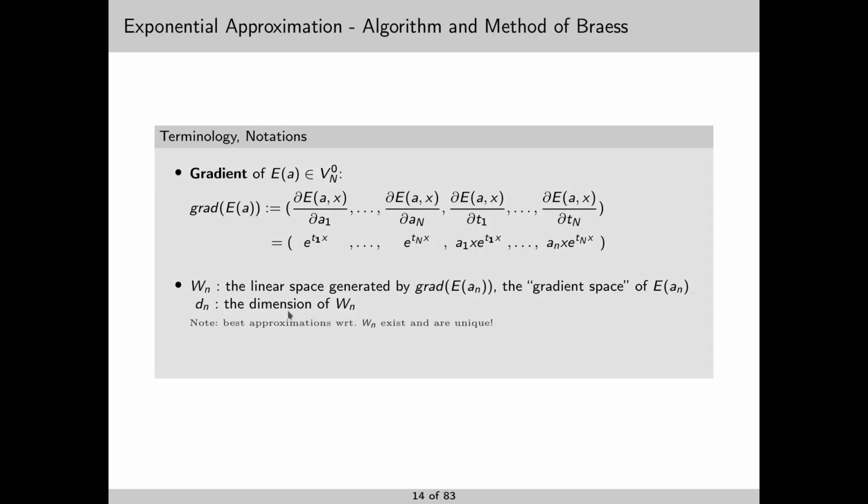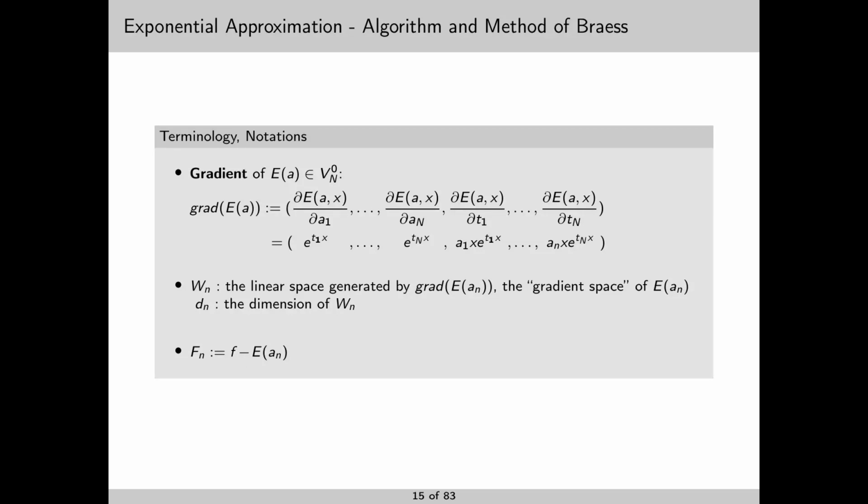As you will see, the algorithm of Braess makes use of the fact that the best approximations with respect to linear space W_n exist and are unique. And finally, capital F_n denotes the error function f minus e of a^n.